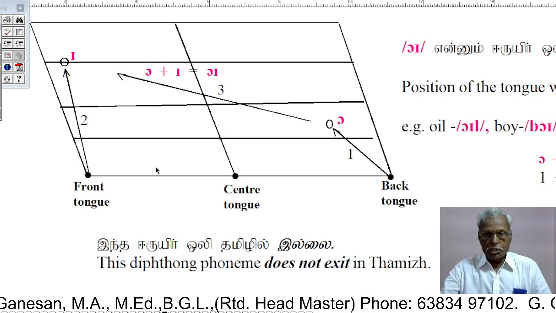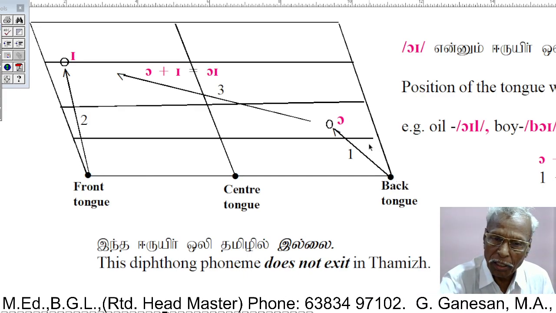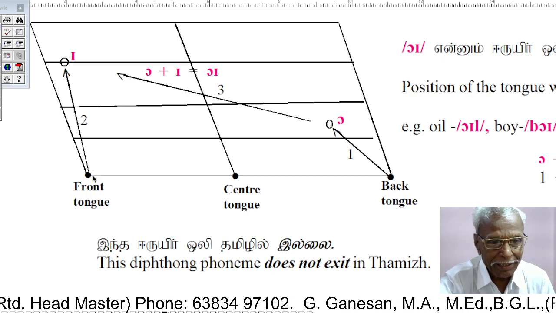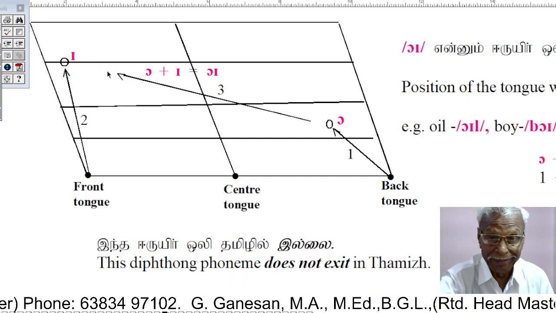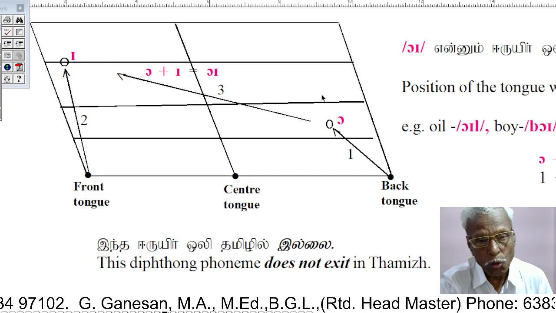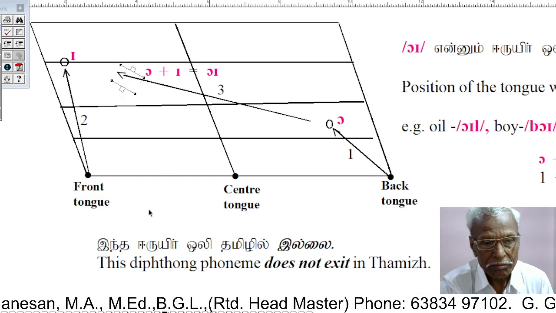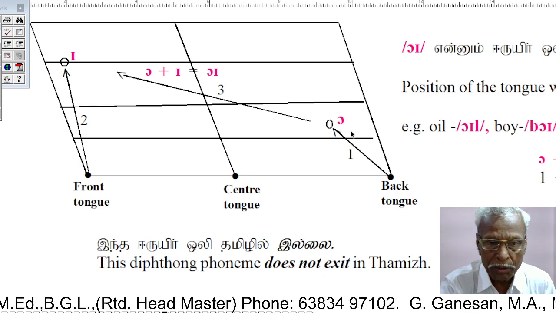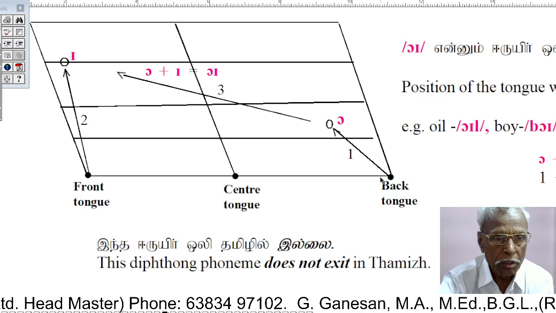Dear teachers and students, first the back of the tongue is raised and /ɔ/ is formed. Secondly, the front of the tongue is raised and /ɪ/ is formed. Then /ɔ/ is moved towards /ɪ/. First /ɔ/ is formed, then /ɪ/ is formed, then /ɔ/ is moved towards /ɪ/.